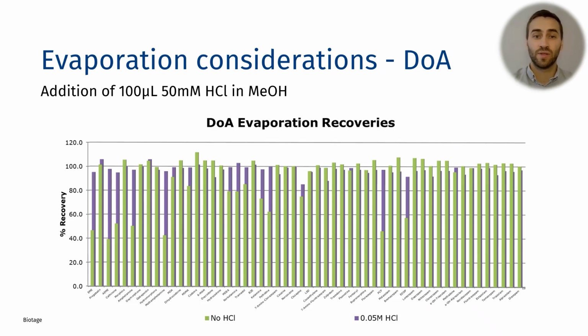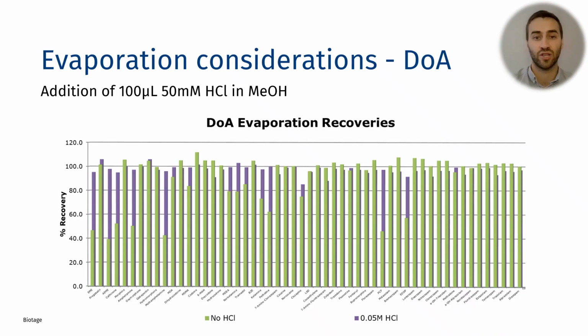So for the drugs of abuse, a very important step is an addition of an acidic methanol solution into your elution solvent. This works well for the volatile analytes. So by decreasing the pH, you are decreasing the volatility of the analytes.